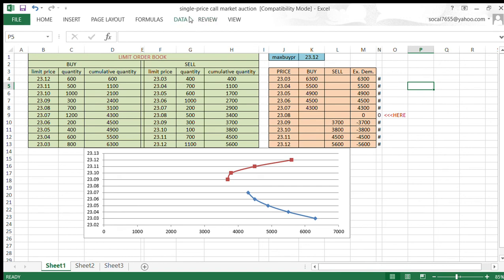One price exists, in this case it was 2308, and a call market means there's a certain time when someone will decide what the equilibrium price is. And so the opening price on the NYSE is determined by a single price call market auction. One more time, for the rest of the day, we have what's referred to as a continuous bilateral auction.